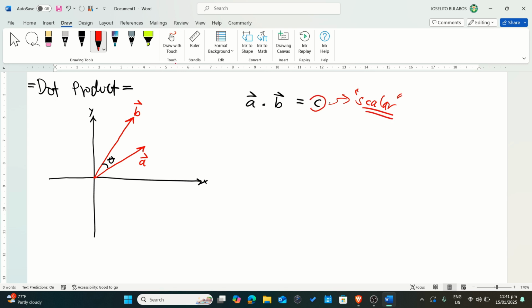To get the value of C, we have to use this principle.